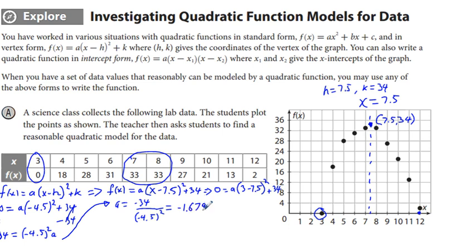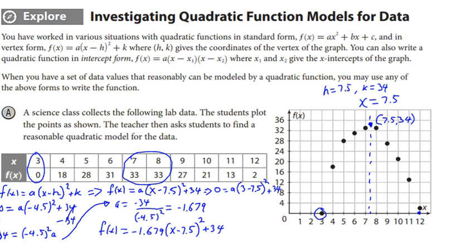So we know now that our equation is going to be f of x equals negative 1.679 times quantity x minus 7.5 squared plus 34. So that's going to be our equation that best fits as far as what we've estimated here.